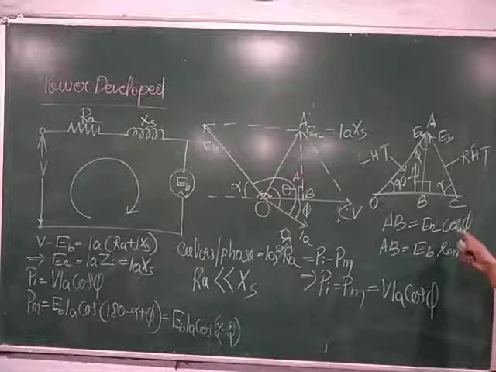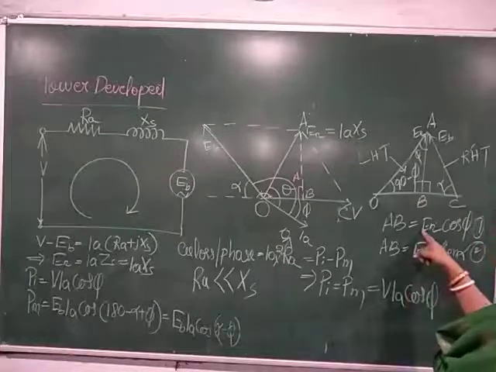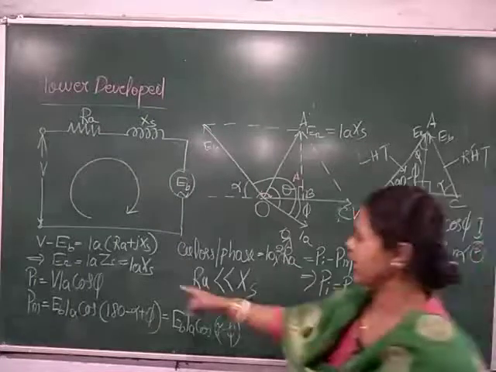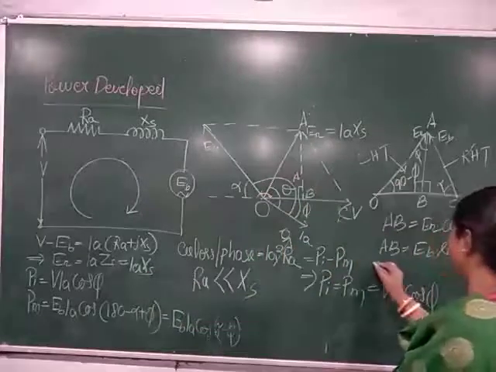Now if I equate these two, let this one be equation 1 and this one equation 2. I put the value of Er as Ia into Xs for armature resistance equal to 0.